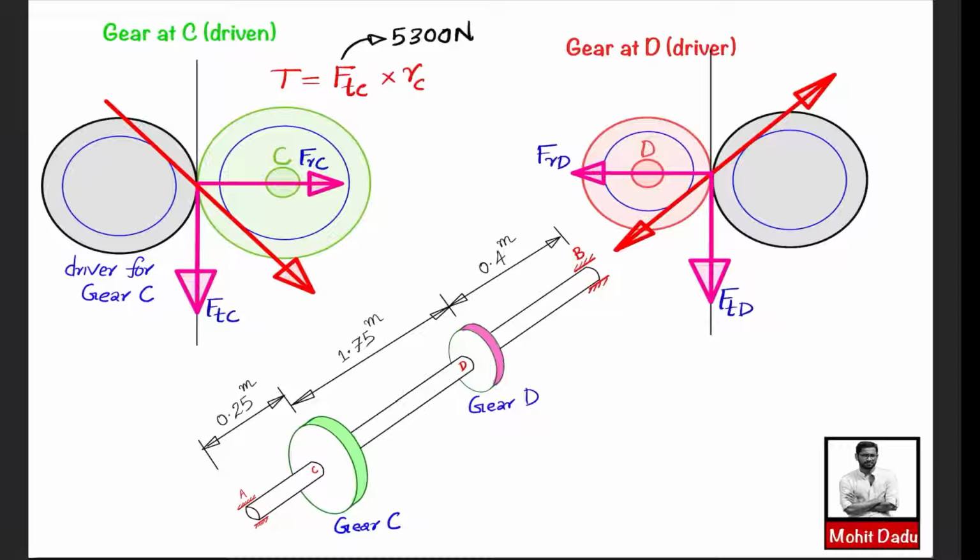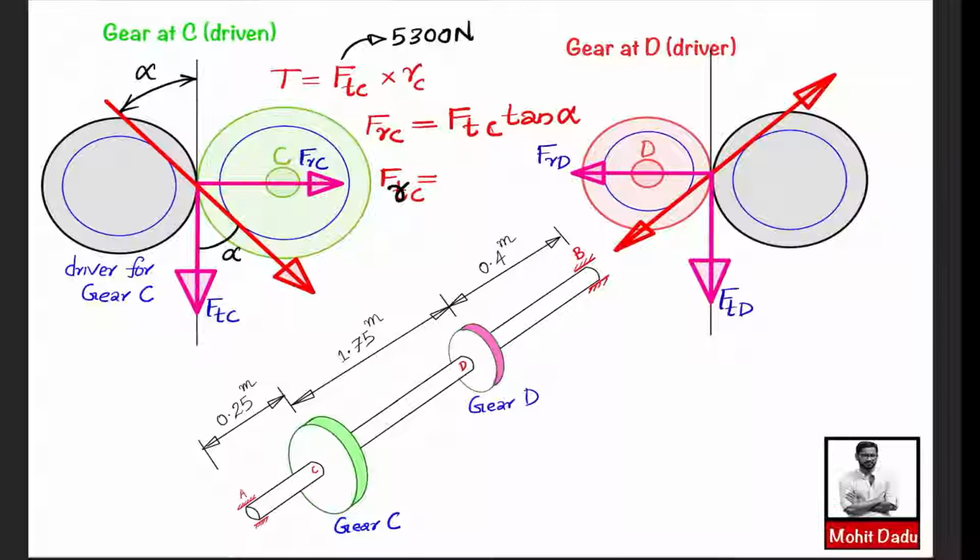Next you have to evaluate the radial component, that is FRC. For that you will be making use of the pressure angle. So what is pressure angle? Pressure angle is the angle between the common tangent to the base circles and the common tangent to the pitch circles at the pitch point, that is this is alpha. So this angle will also be alpha, and from this you can find the relation between FTC and FRC: the radial component FRC will be equal to FTC into tan alpha.